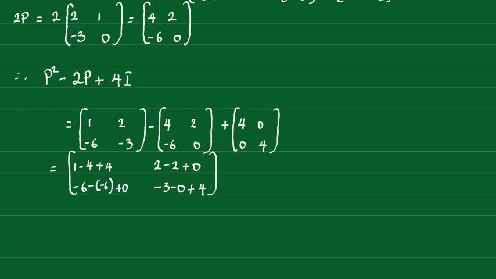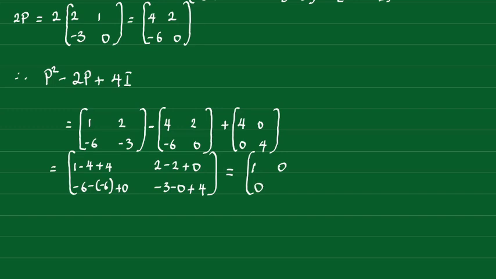This is equal to: 1 minus 4 plus 4 gives us 1. Then 2 minus 2 plus 0 gives us 0. -6 minus (-6) plus 0 ends up giving us 0.